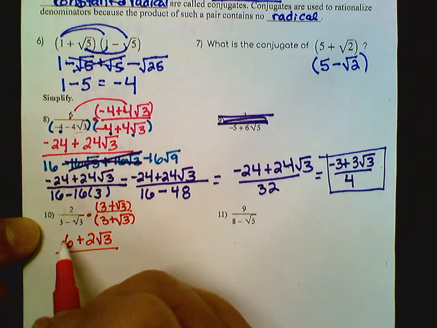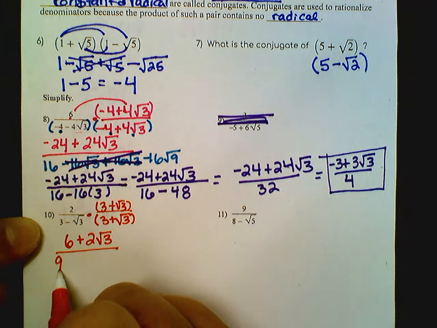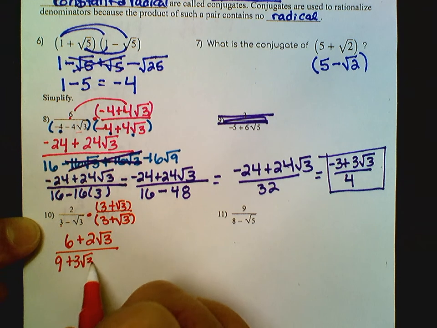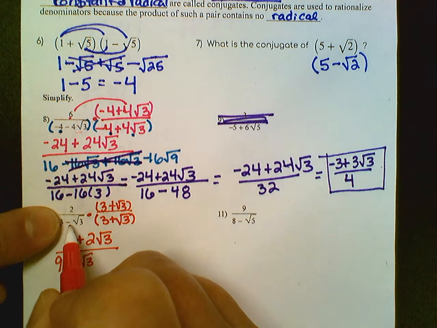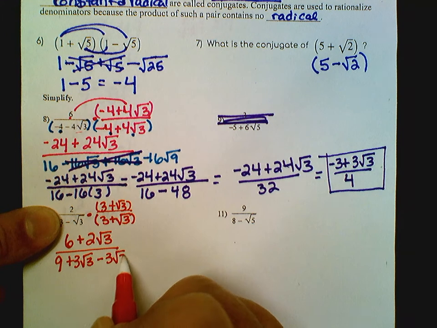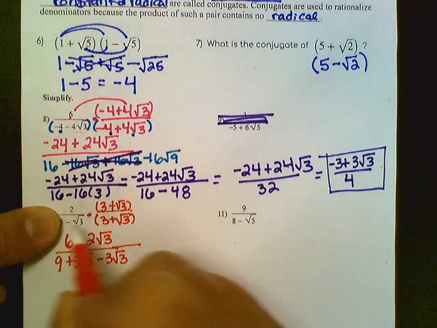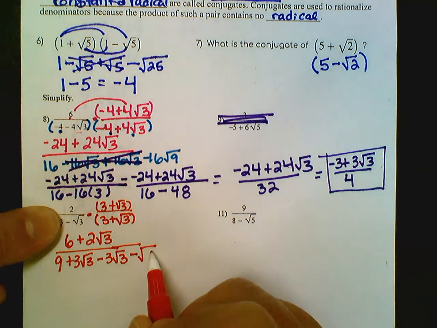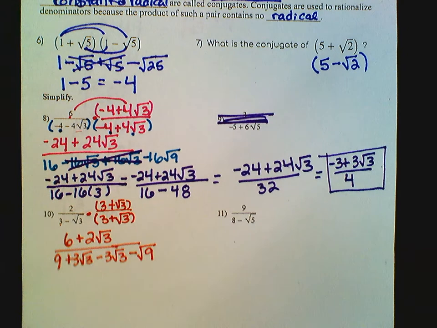And then down in the denominator, I have 3 times 3 is 9. 3 times the square root of 3 is that. Then I have negative square root of 3 times 3. So that's that. And negative square root of 3 times square root of 3 is a negative square root of 9.